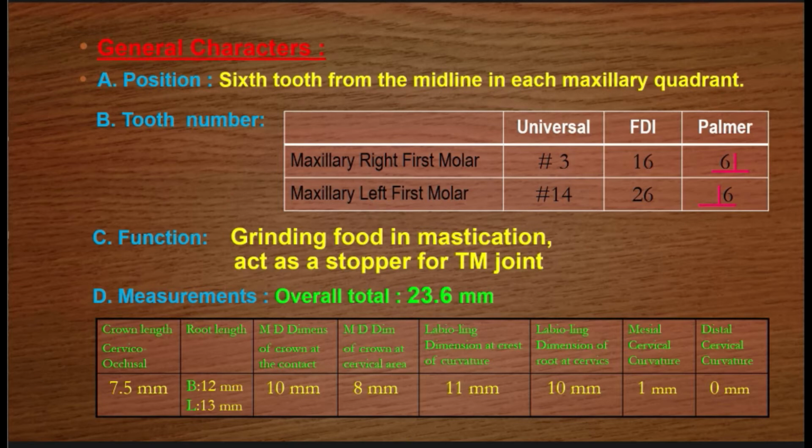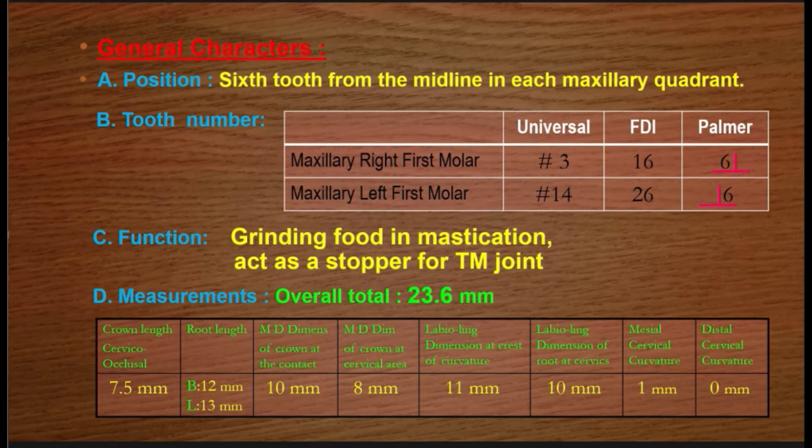The tooth is lost, so there is pressure on the TM joint to close more, with more strength. So the TM joint becomes very painful, and sometimes some pathology appears there. So this is also acting as a stopper for the TM joint.